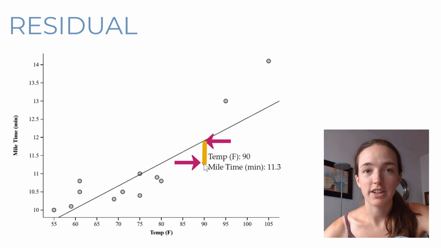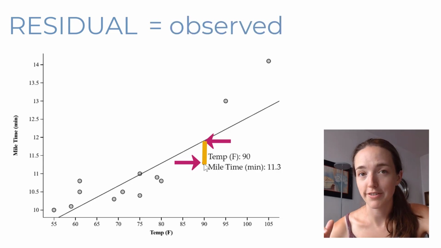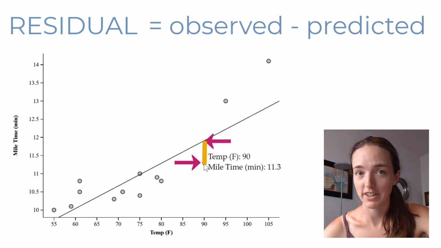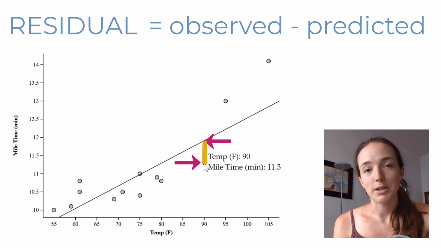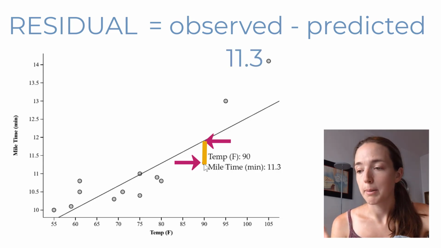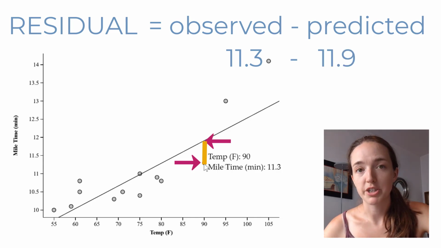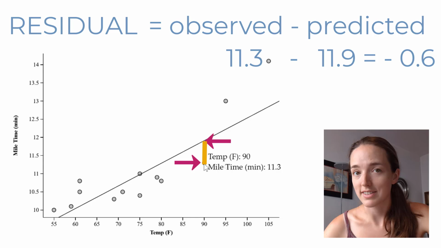So in general, to calculate a residual, you take the observed value minus the predicted value. It's really important that you subtract in that order, and when you forget, just remember that it's alphabetical. Observed minus predicted. So in this case, the observed value was 11.3 minus the predicted value, which was 11.9. So my residual for this particular day was negative 0.6 minutes.